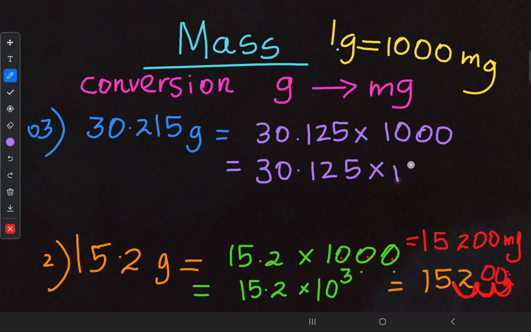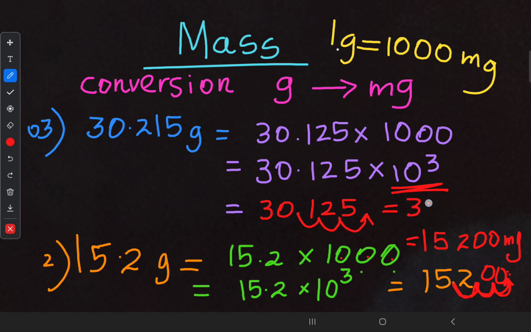While multiplying with powers of 10, the decimal should move 3 digits rightwards. 30.125 is our number. 1, 2, 3. So finally our answer should be 30,125 milligrams.